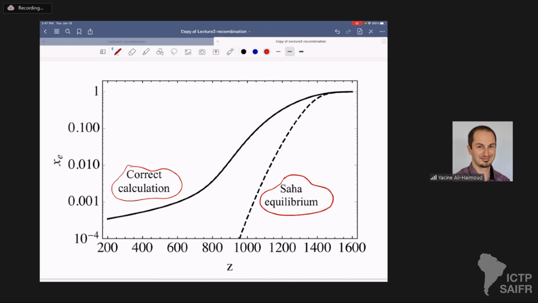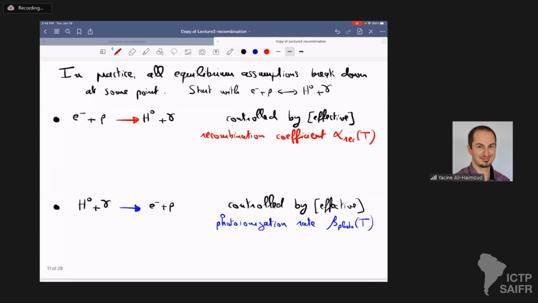So what are now the actual dynamics involved in computing the free electron fraction? All of these assumptions in the Saha equilibrium equation break down at some point or other. So let's start with the assumption of equilibrium of this reaction, which is the most important assumption.